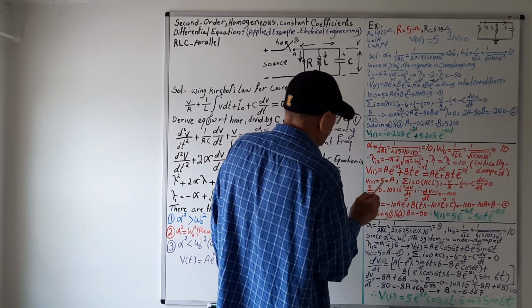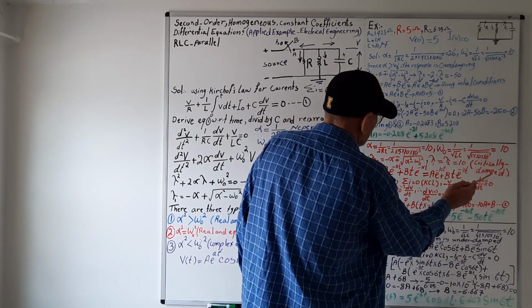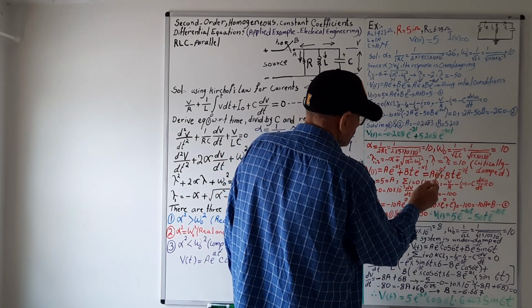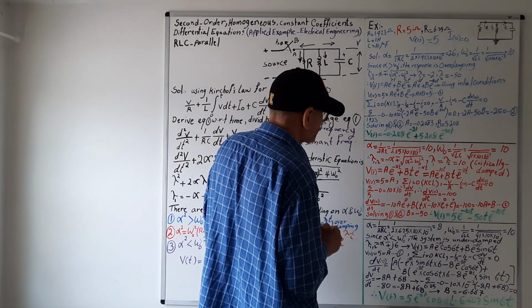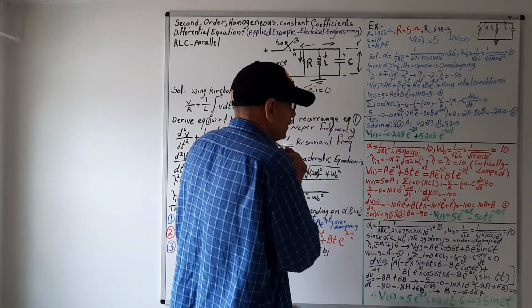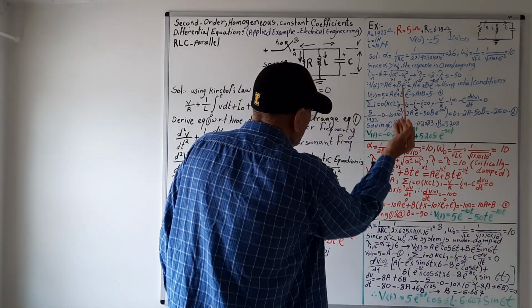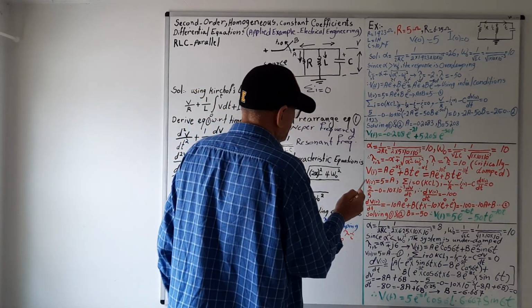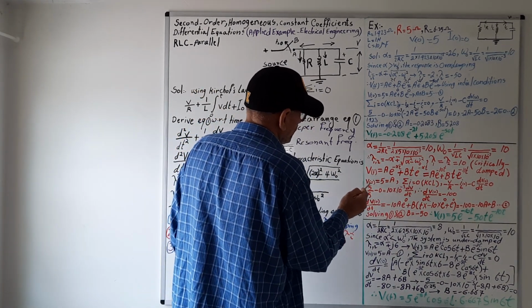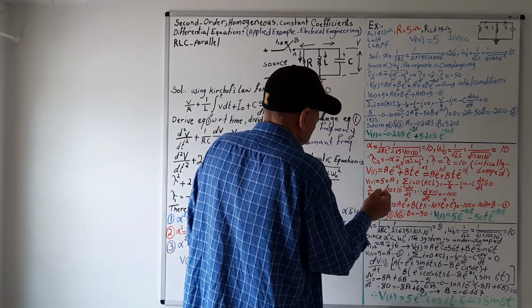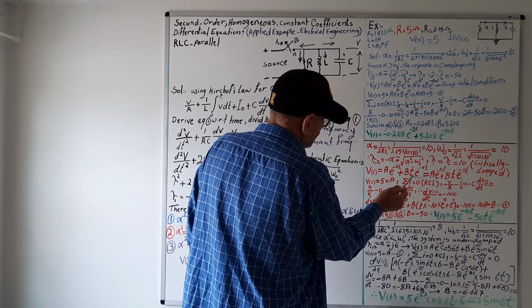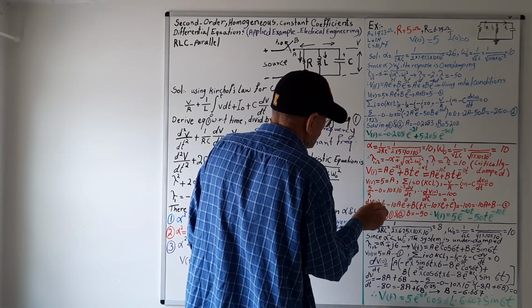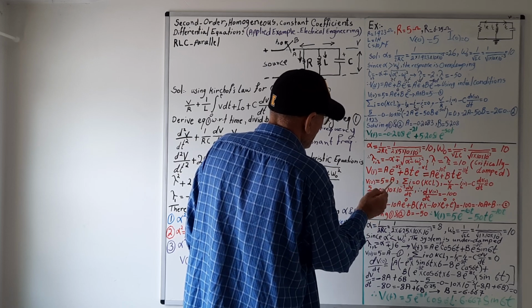And we put alpha, which is minus 10, times t. Then how do we find A and B from our initial condition, which is v at time equals 0 equal 5? Because here t is 0, this term will be cancelled, and we got A equal 5.